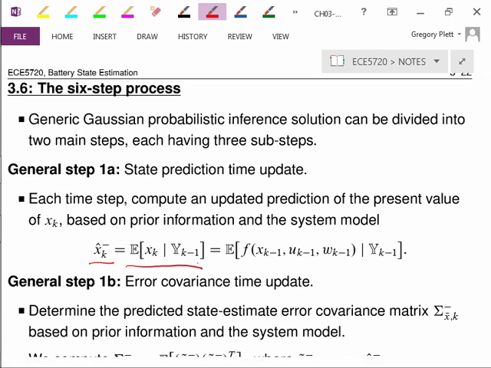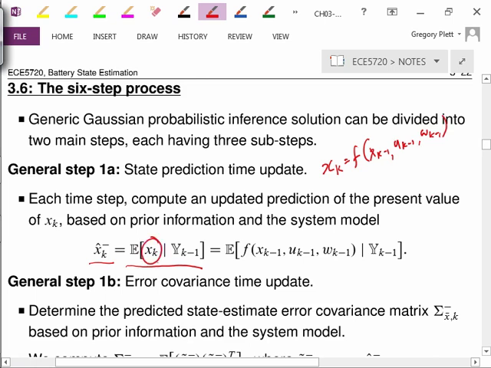This is where the dynamics of the system get taken into account. We have a state equation, xk equals f of xk minus 1, uk minus 1, wk minus 1. That was our assumed form of a state equation of the model. So the expected value of xk is simply the expected value of a function of xk minus 1, uk minus 1, and wk minus 1.